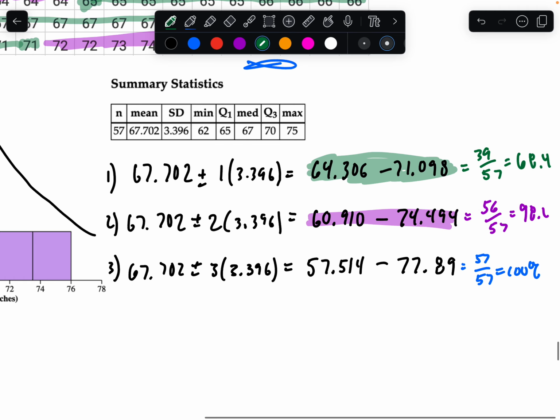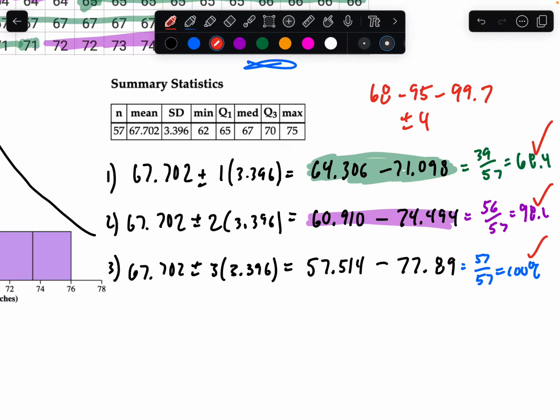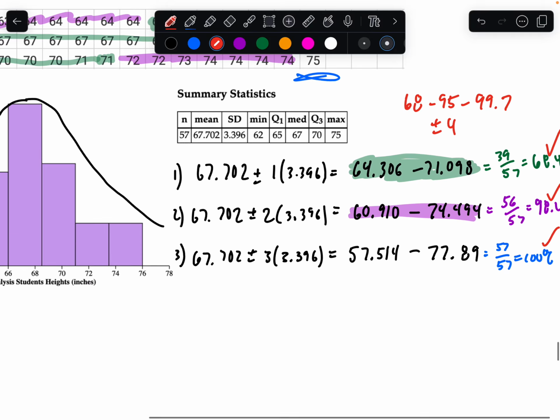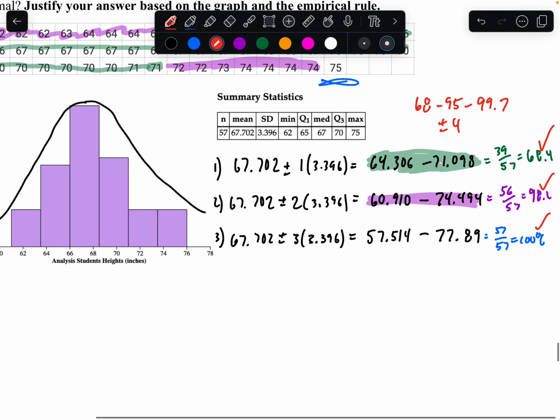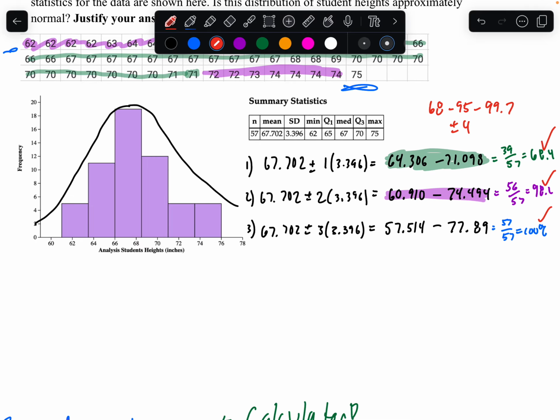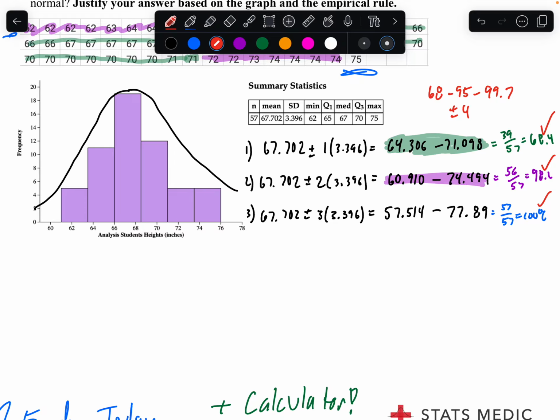So those were supposed to match the empirical rule, which is 68, 95, 99.7, and then within 4% is kind of the rule of thumb. So that's within 4% of 68, that's within 4% of 95, that's within 4% of 99.7. So it does seem to fit the empirical rule, and so it's close on the eye test, and it fits the empirical rule. So we're going to go ahead and say that this distribution is normal.